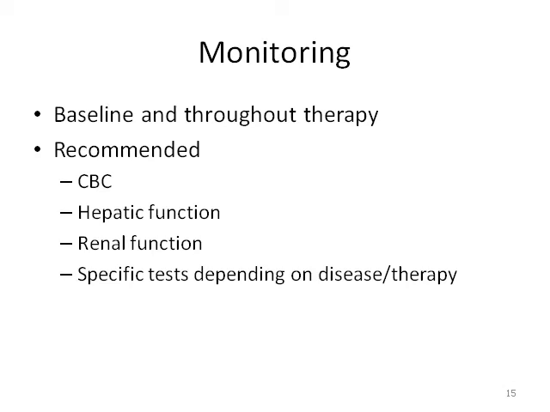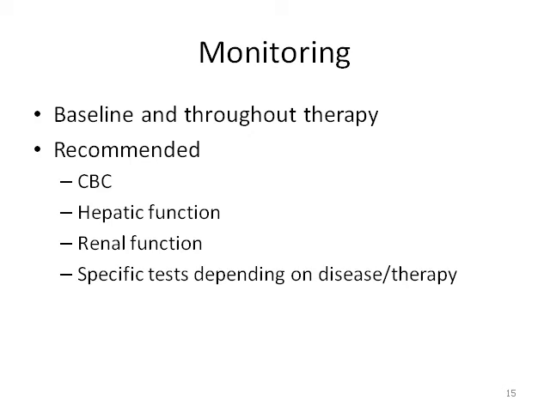Generally, what's recommended is we like to get a CBC, a complete blood count. That gives us an assessment of their hematological system, some baseline levels on hepatic function, renal function, and then, for example, specific tests that may be dependent on the disease or therapy we're using. Some drugs, as you know, may require specific monitoring.